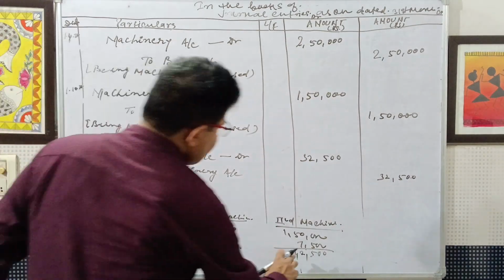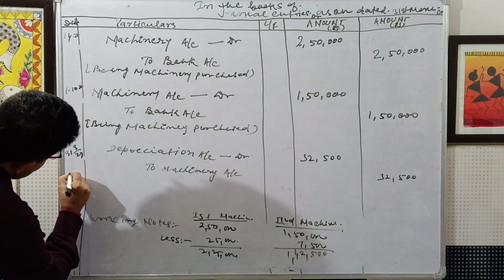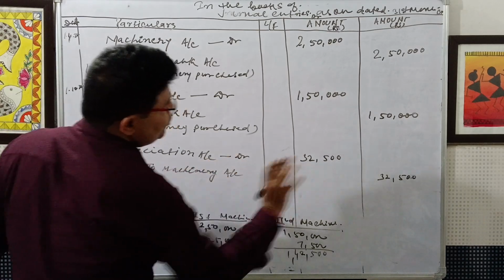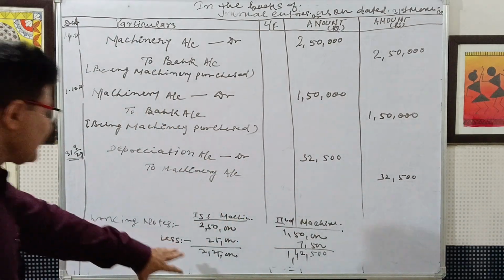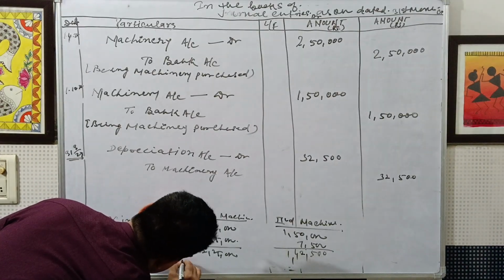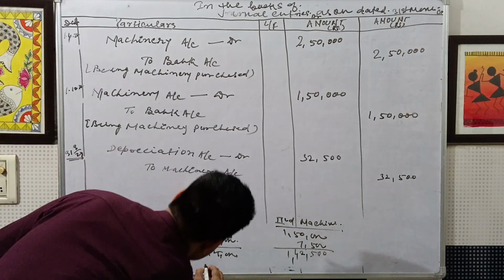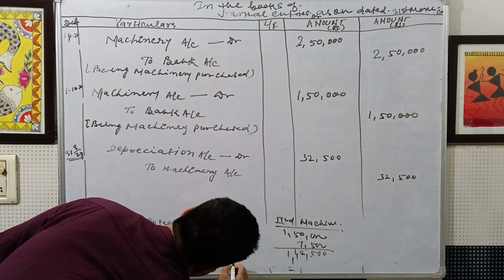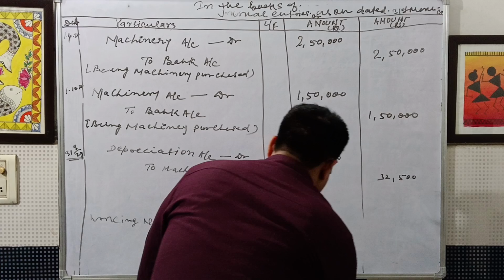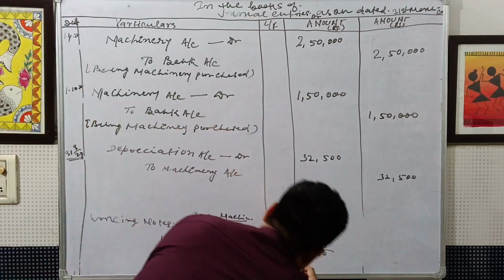For 31st March 23, the depreciation account debit to machinery was 32,500. But this time we charge 10% on 2,25,000, so how much? 22,500. And on 1,42,500 it is 14,250.